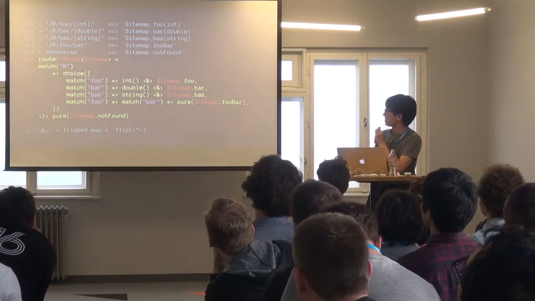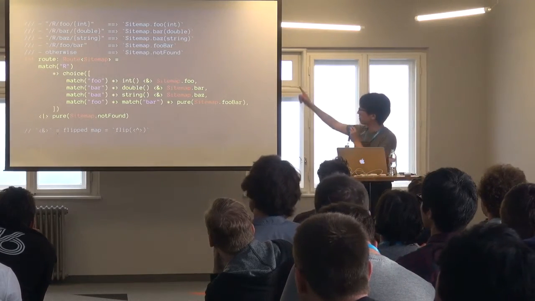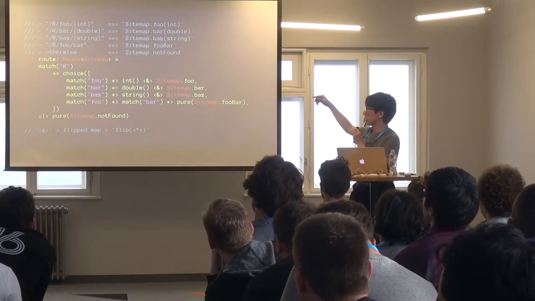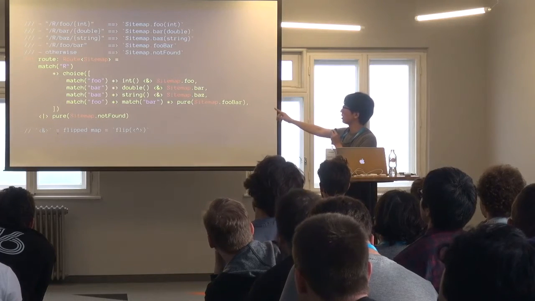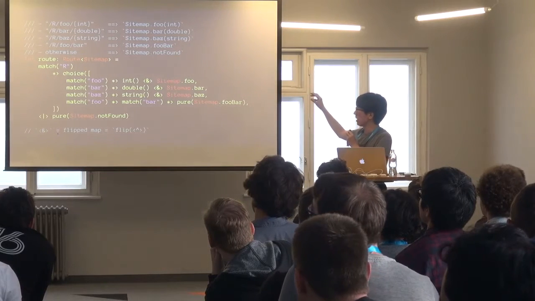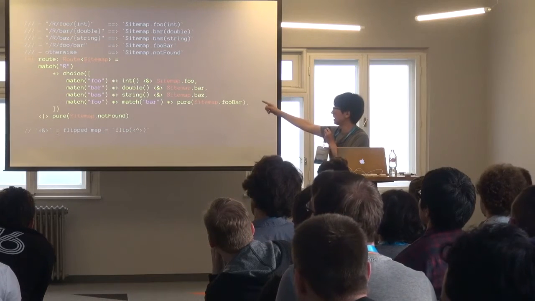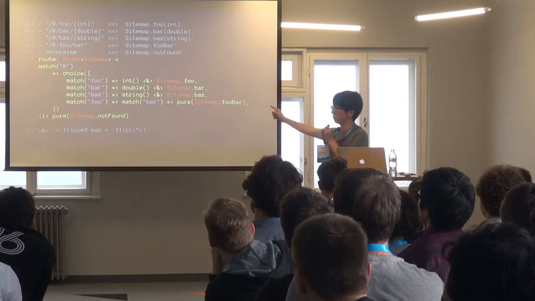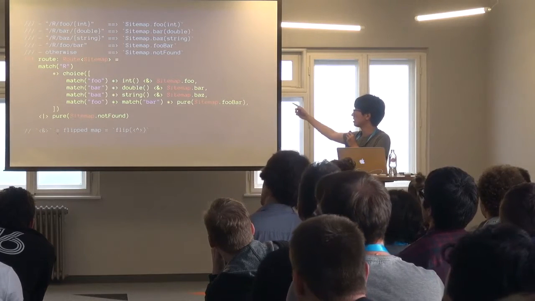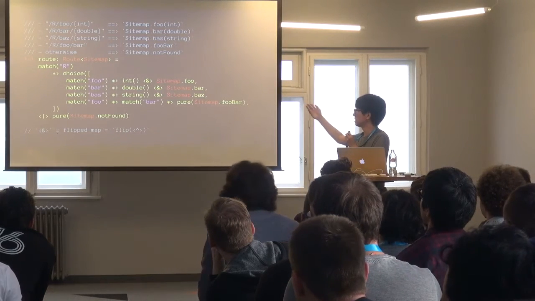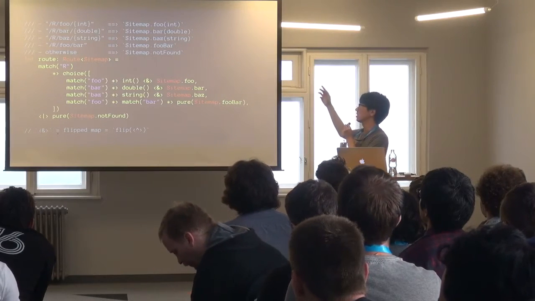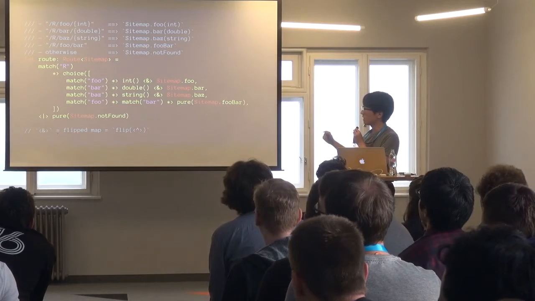And here's a more complex example. Let's say we want to parse the character r first, and then one of the following paths. First, we check the foo string and try capturing an integer, and if everything succeeds, we return sitemap.foo. The second one, we check bar and then try capturing a double, and if that succeeds, we return bar. The third one, we check bars, buzz, and capture a string and return buzz.